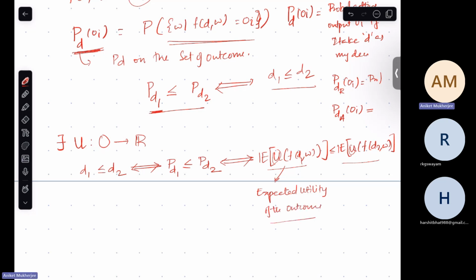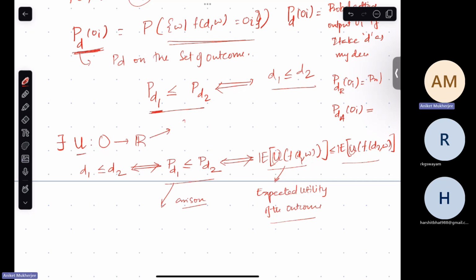Now, this is not always true. The theorem says that there will always exist a u if certain axioms, certain properties, certain assumptions are true. Those assumptions I'm not going into right now, but the high-level thing is there will always exist a function u.